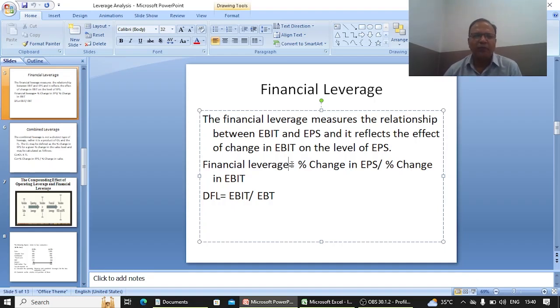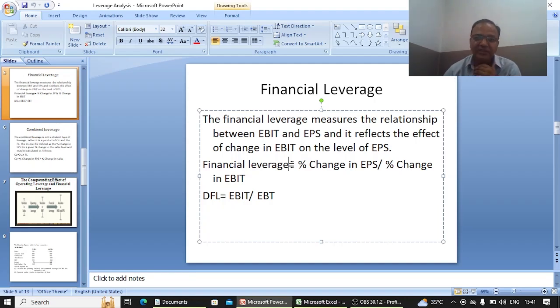When the organization needs rupees 50 lakh and collects it by way of debt for establishment of the business, then it's financial leverage. So financial leverage is the leverage collected by the organization for a longer period. If a leverage is collected for a shorter period, it is called operating leverage.